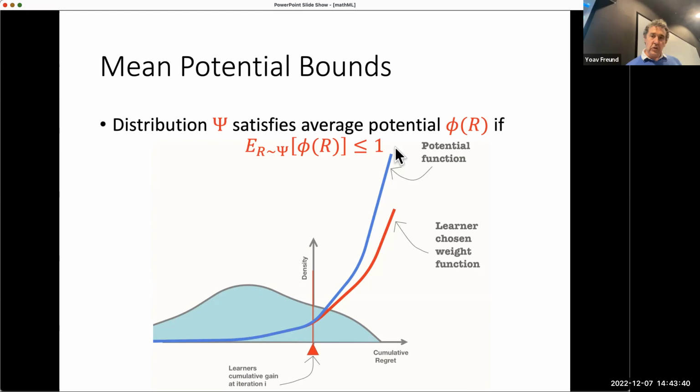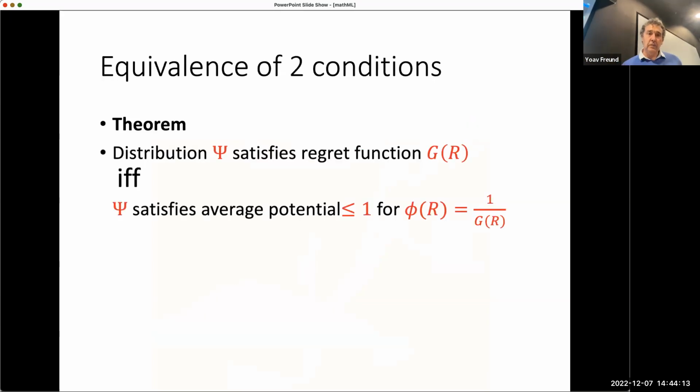It will end up being what we talked about before, but basically some function that is essentially an increasing function. And I would say that this distribution satisfies this potential function if the expected value of the potential function relative to this distribution is smaller or equal to 1. Okay, so that looks like a different thing. But in fact, it turns out that it's the same thing.